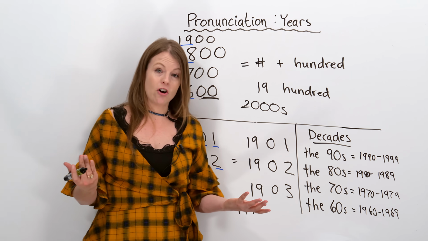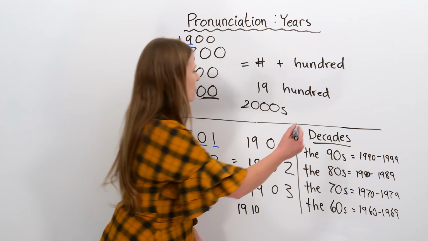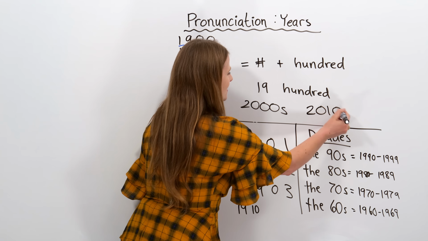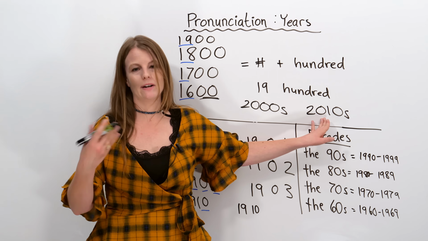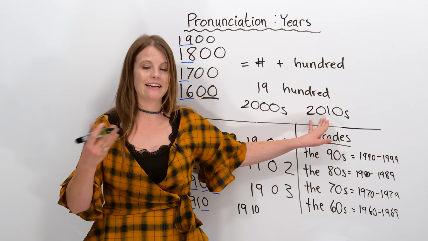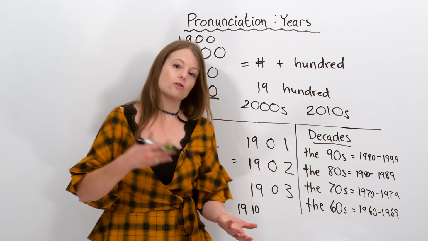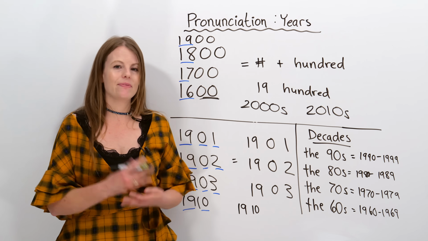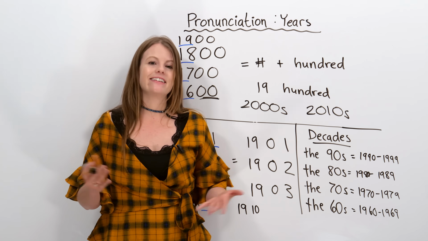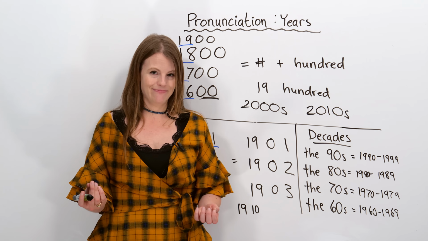There might be other ways to call it, but again, there's no real consensus. It's the same when we're talking about this decade, 2010 to 2019. What do we call this decade? Some people might call it the 2010s or the 20-teens. Again, there's no real consensus, so you might hear different things.